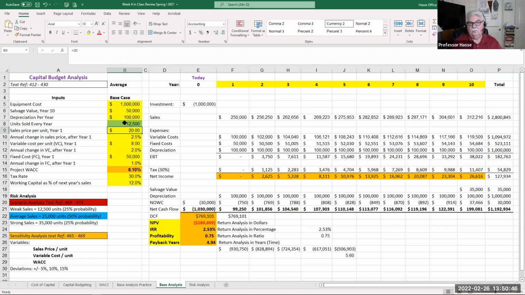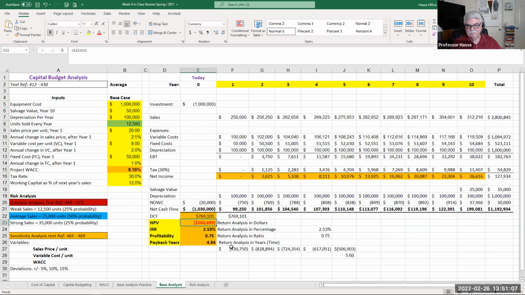And notice, woo, a lot different scenario. If we only sell 12,500 units, with all else being the same, we're going to lose $260,899 in net present value. Notice the internal rate of return drops to 2.5%.